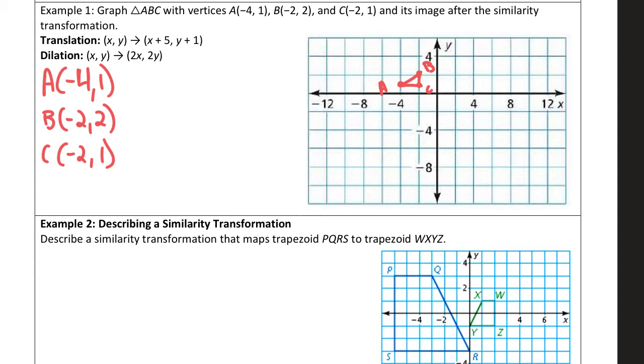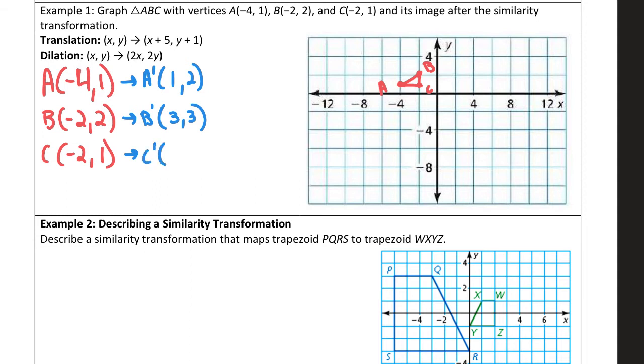The first transformation I'm going to make is I'm going to translate this right 5 and up 1. So A becomes A prime, and that becomes 1, 2. Point B becomes 3, 3.